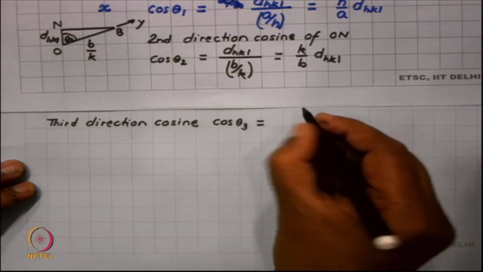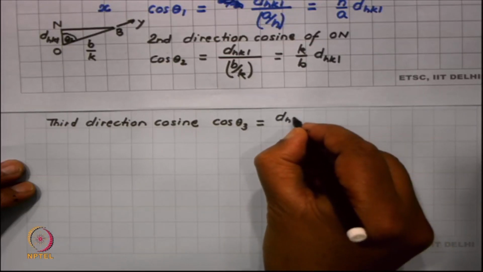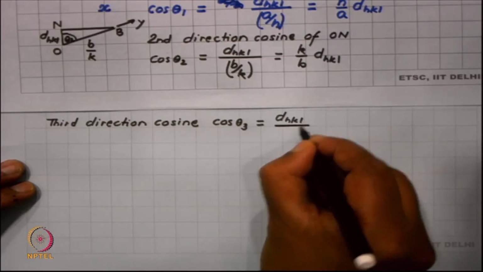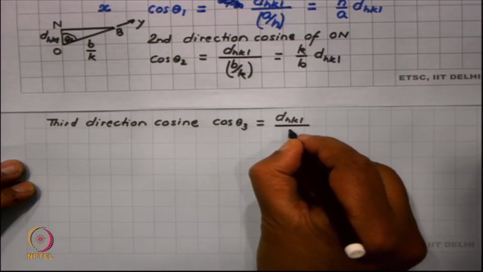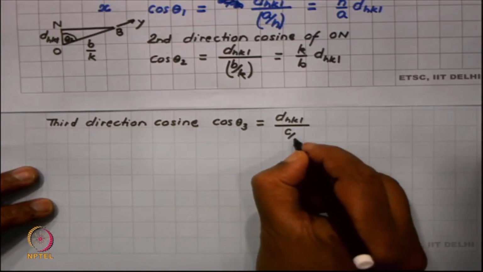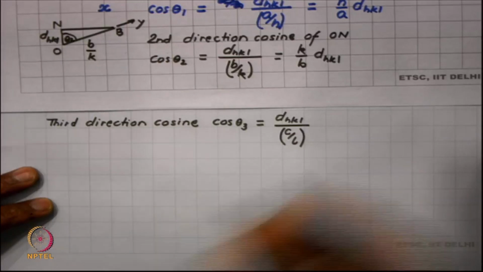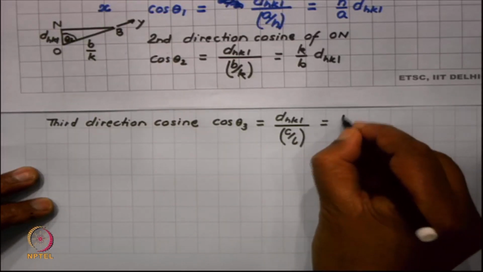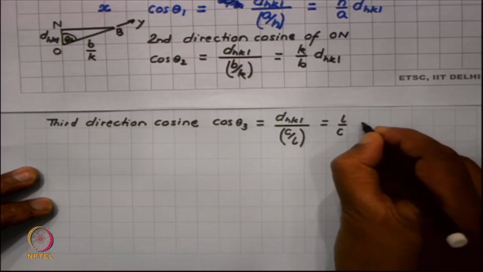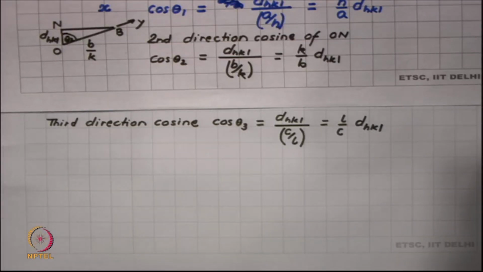Cos theta 3, the lattice parameter now is c, the Miller index is l. So, I divide d_hkl by c by l. So, I get l by c times d_hkl.